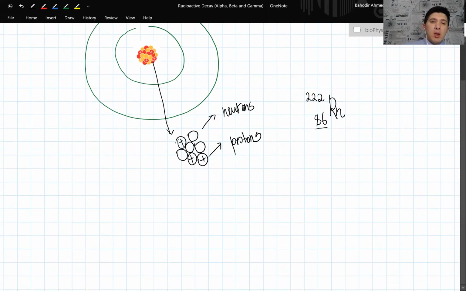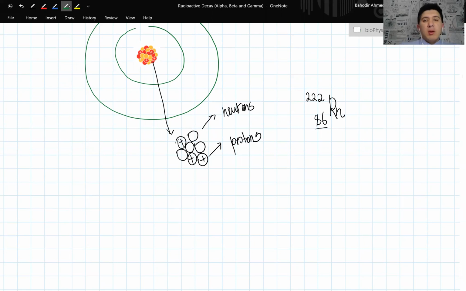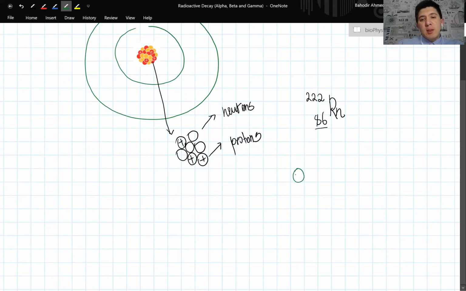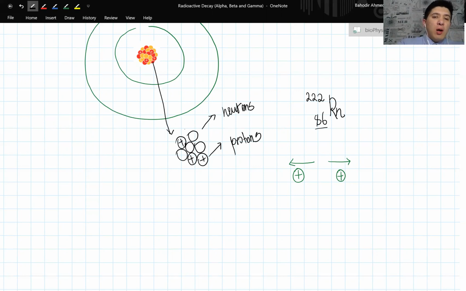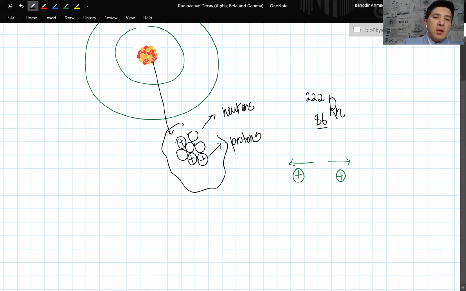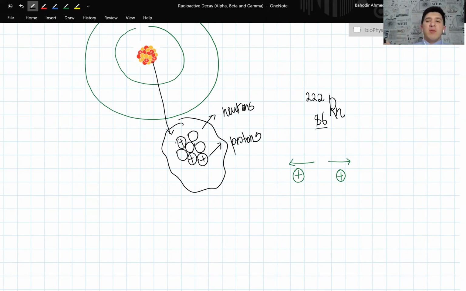So the number of neutrons plus the number of protons is going to equal 222. We know the so-called electromagnetic force tells us that two particles with the same charge are pushed away from each other, right? So the question is why the protons with the same charge are not pushing away from each other.